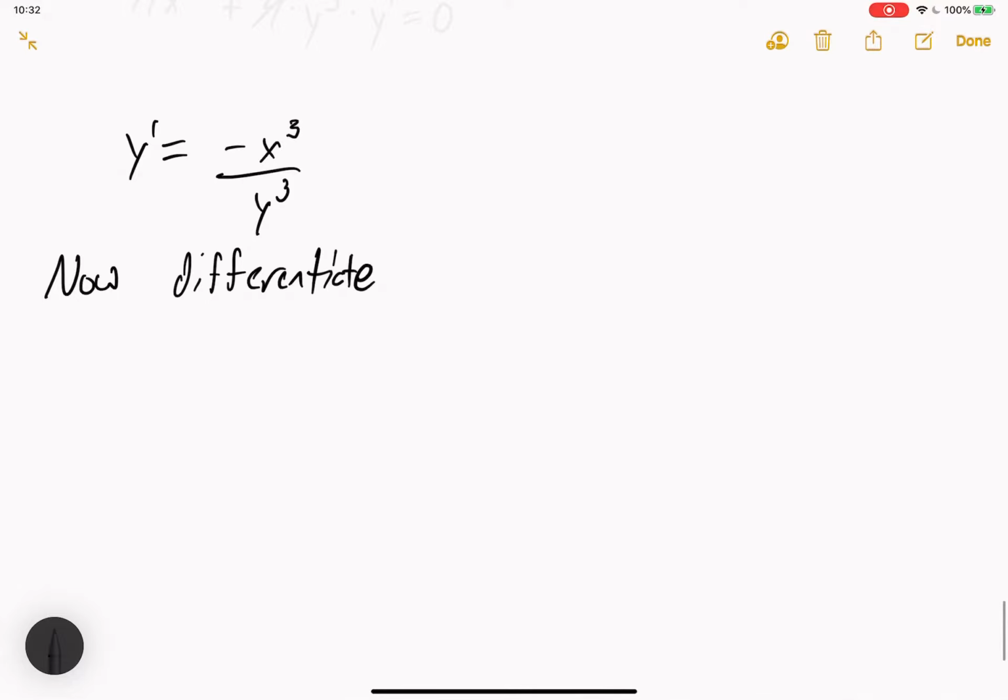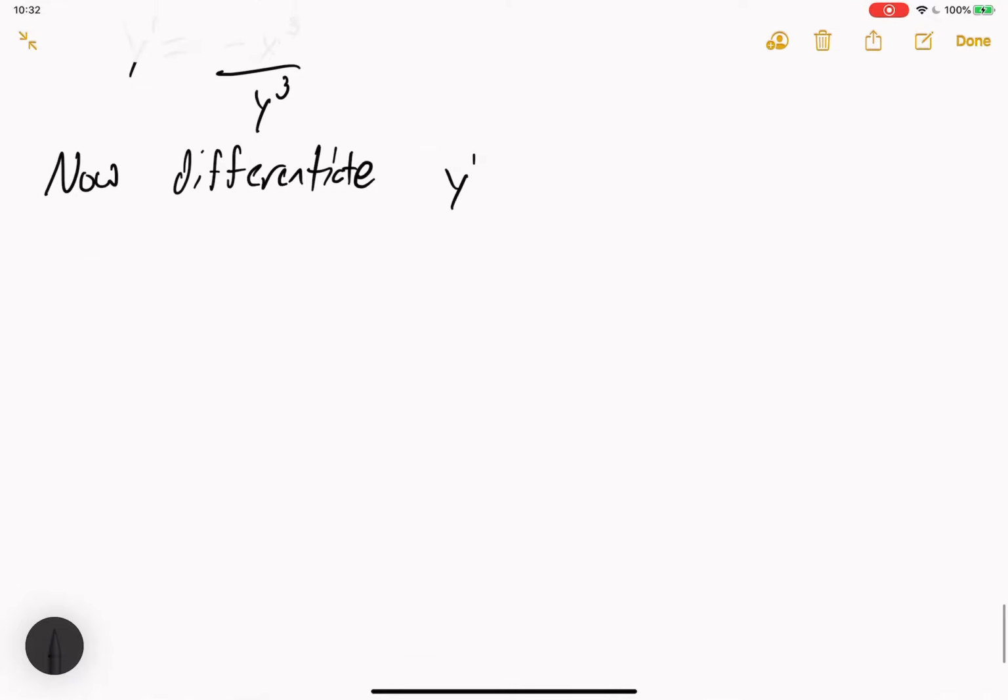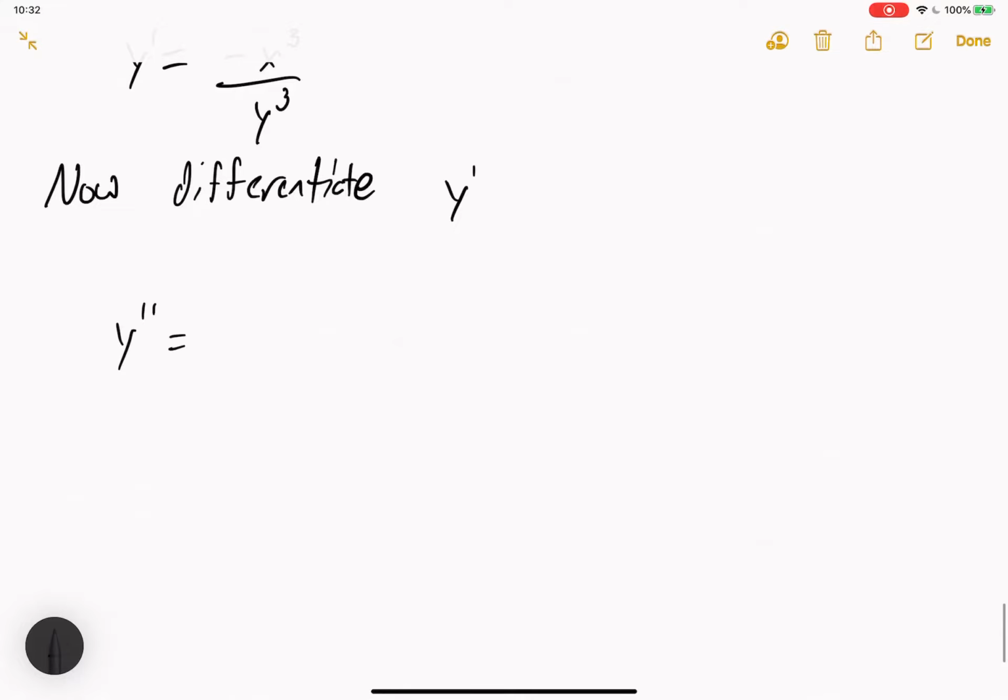So the next thing I'm going to do is differentiate y prime with respect to x. So we get y double prime is equal to d/dx of negative x cubed over y cubed. And we're going to have to use the quotient rule.